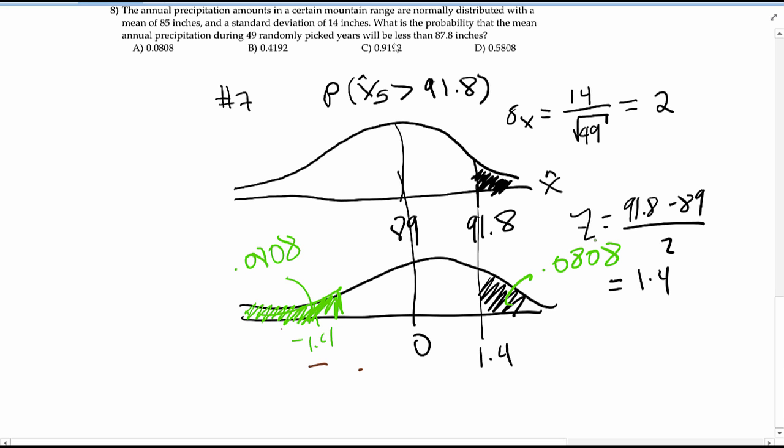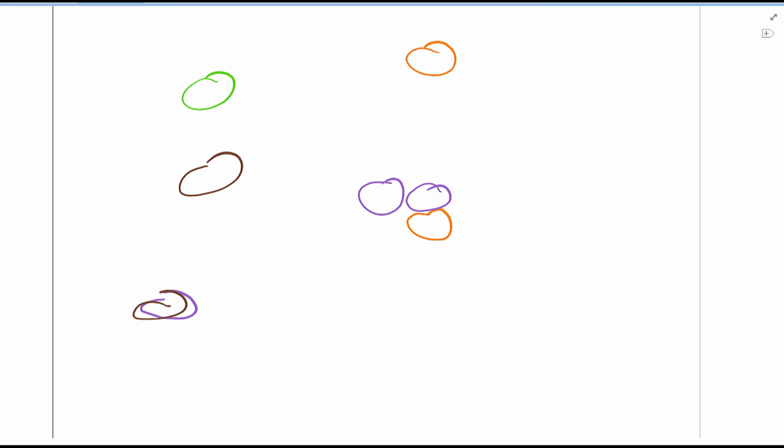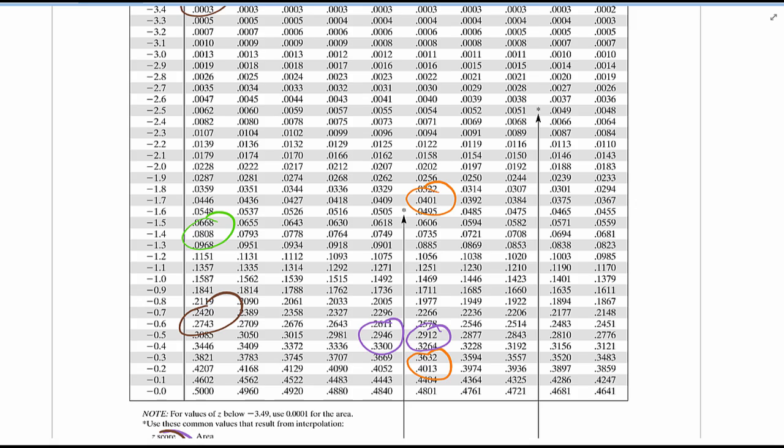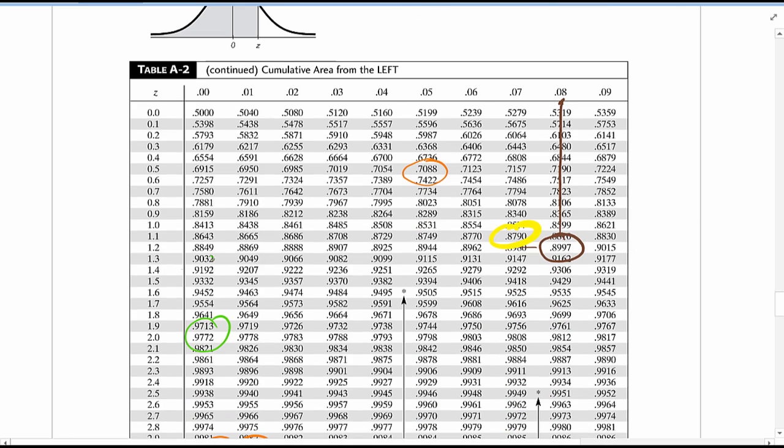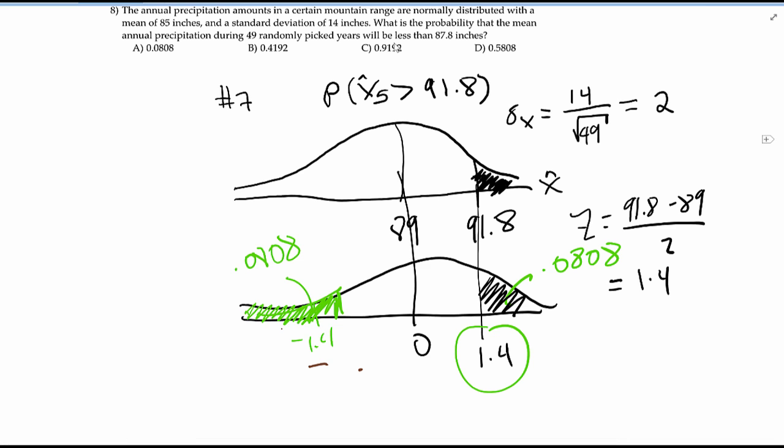So instead of using the complement in this case, we use the symmetry. But you could use the complement. You can find what this whole area is by reading the positive table at 1.4 and subtract that from 1 and you get the same value. If we do that, let's go to the positive table and read the value 1.4. In the positive table, the value of 1.4 is 0.9192. So 0.9192 corresponds to this whole area in the positive table, but we want the complement of that.